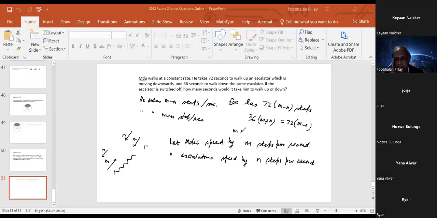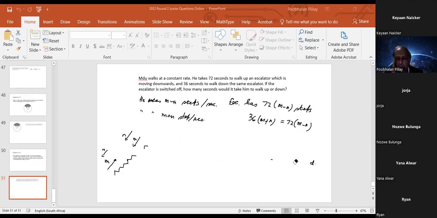The 36 cancels. Let's just go down here. What I can do is just erase this thing. Okay, let's try to simplify this.